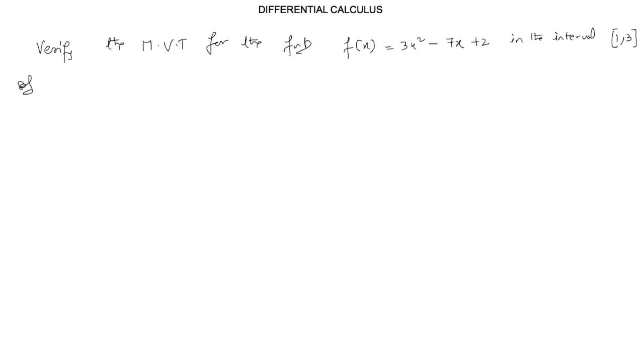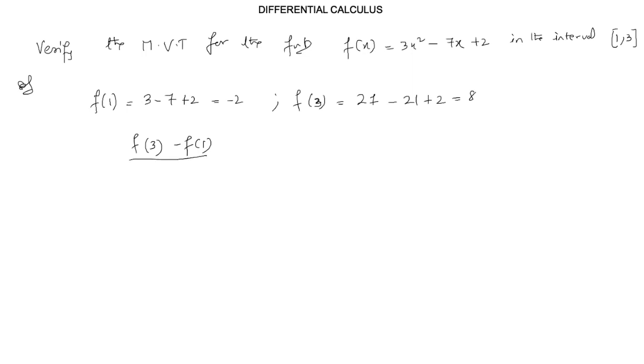Let's see the solution for this. f of x being a polynomial is continuous and differentiable in R. f of 1 is 3 minus 7 plus 2, which gives out to be minus 2, and f of 3 would be 27 minus 21 plus 2, which gives out to be 8.